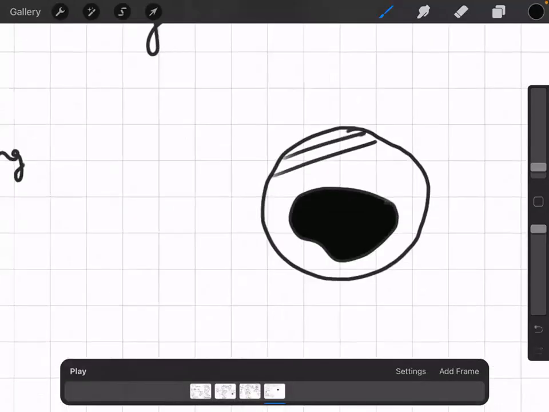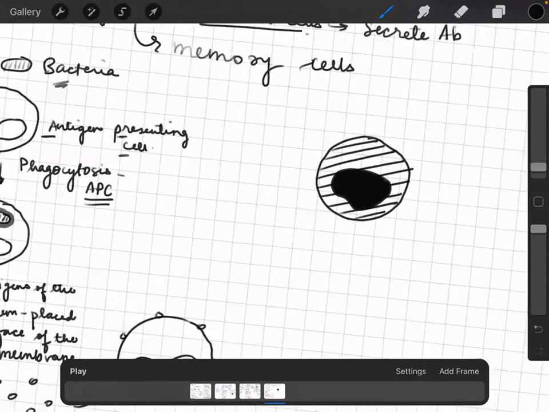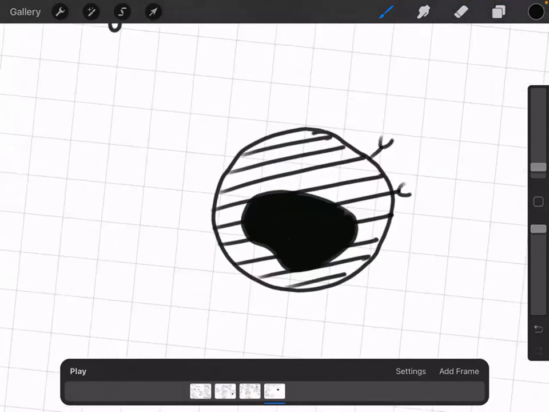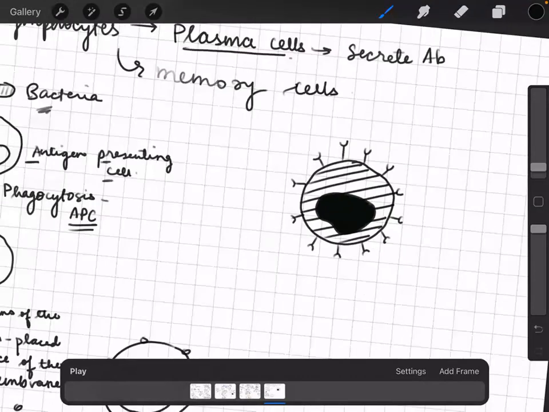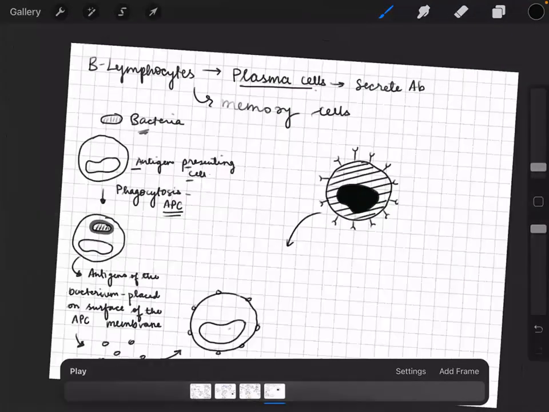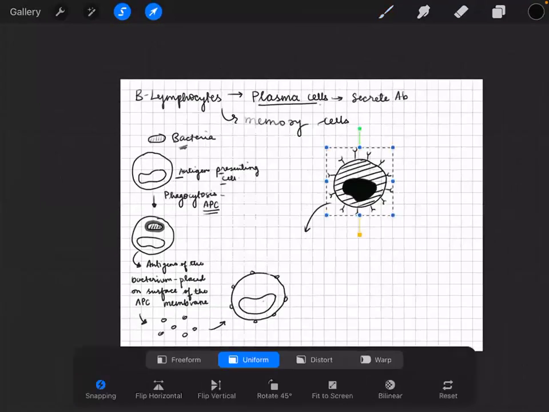Okay, so I'm just going to make it into a different format again so that you can identify that this is a different cell. Now it has these antibodies on its surface. These antibodies are very, very specific to the kind of antigen that is present on your APC. So now what happens is you will have this particular antibody containing cell.